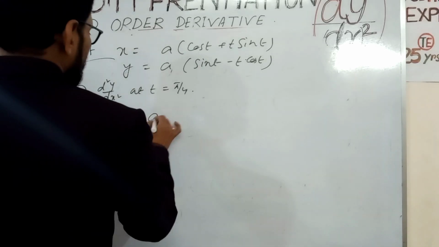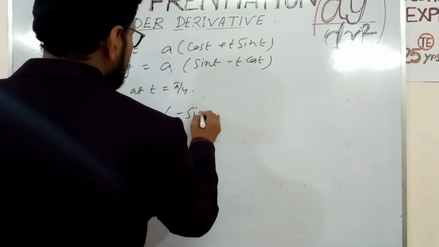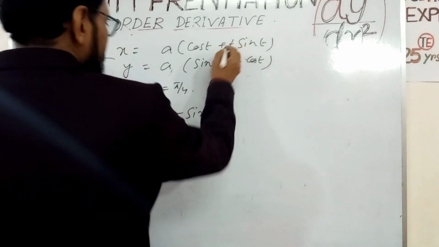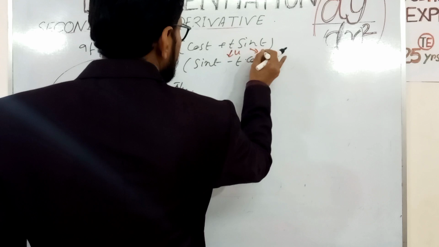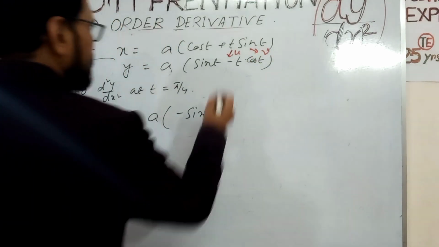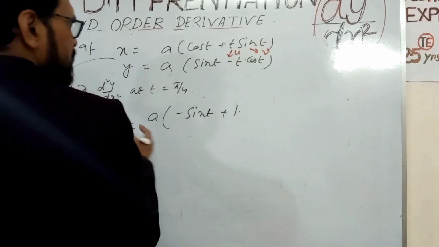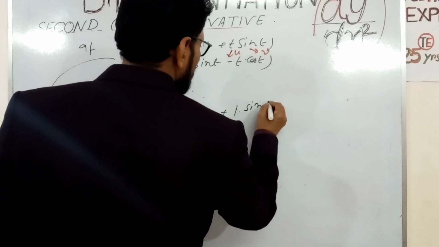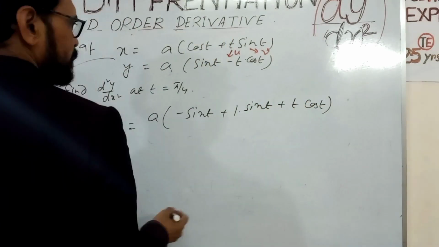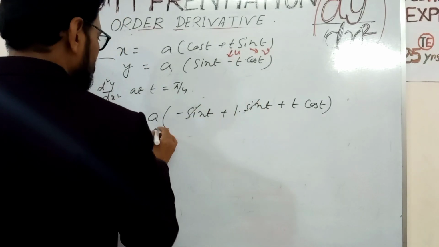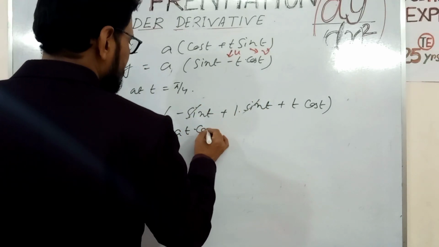dx by dt equals a into cos t, whose derivative is minus sin t, plus this is the uv rule, this is u and this is v. The derivative of t is 1, so 1 into sin t, plus t into sin t, whose derivative is cos t. So sin t cancels, and we get a t cos t.